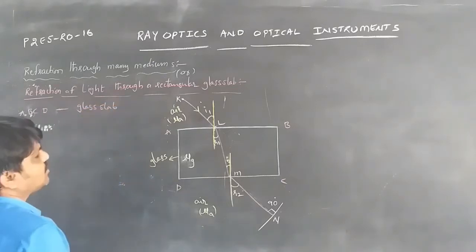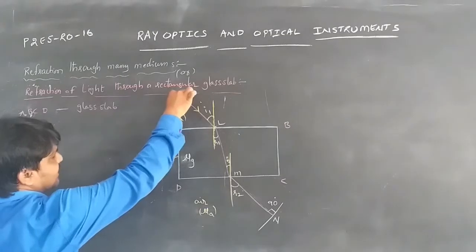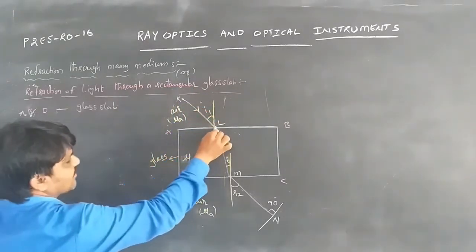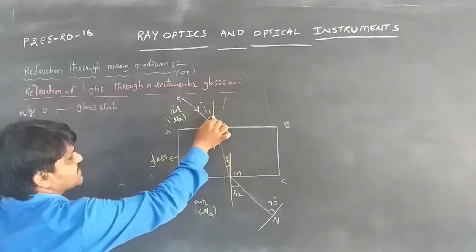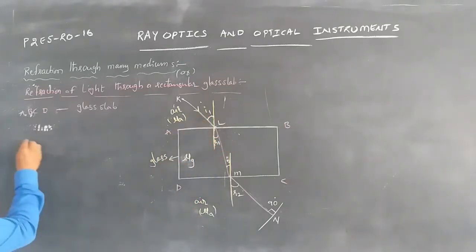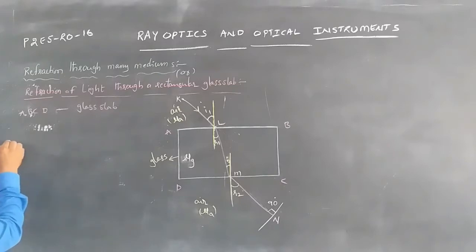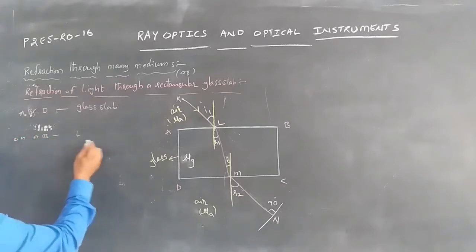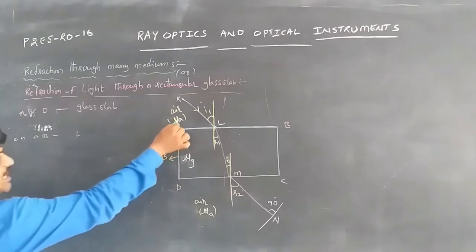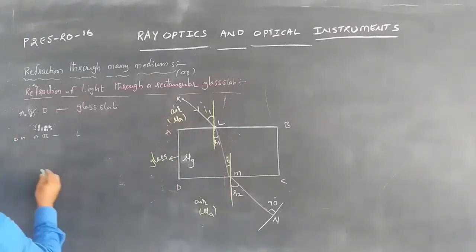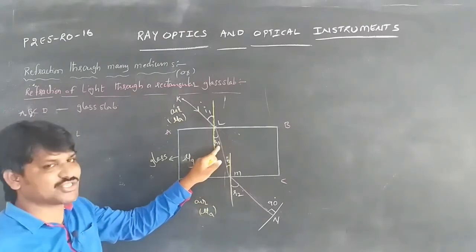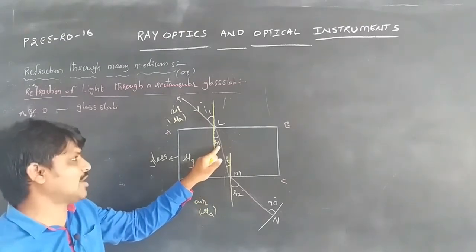Next, a light ray K is incident on the face AB with the angle of incidence I1. The light is incident at point L, and it is refracted into the glass slab with a refraction angle R1.